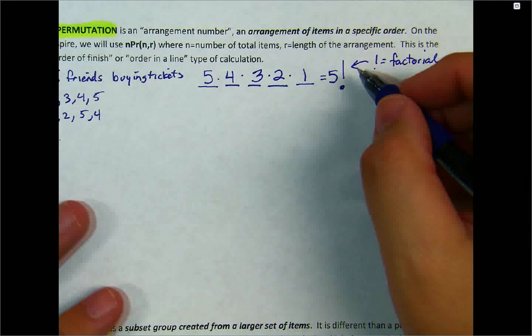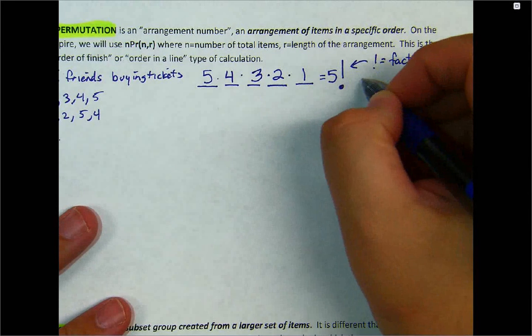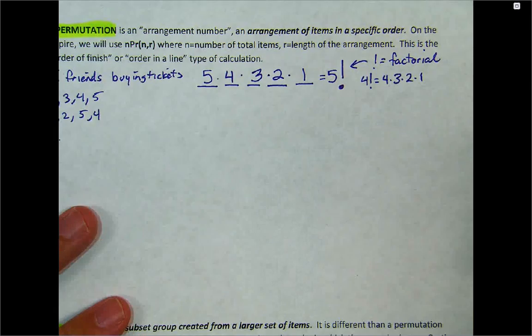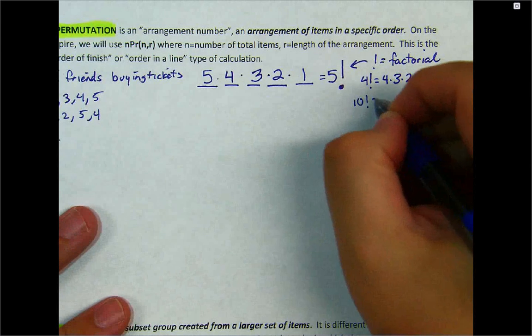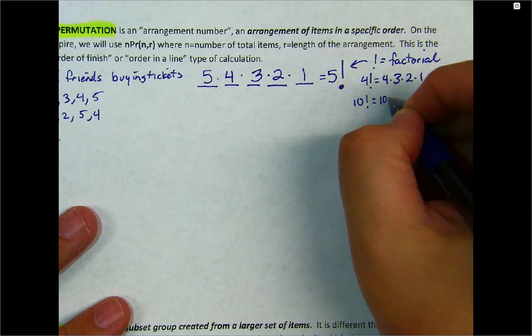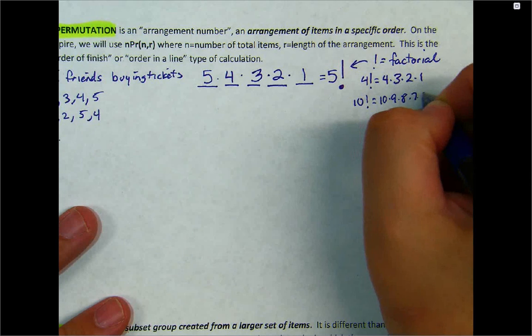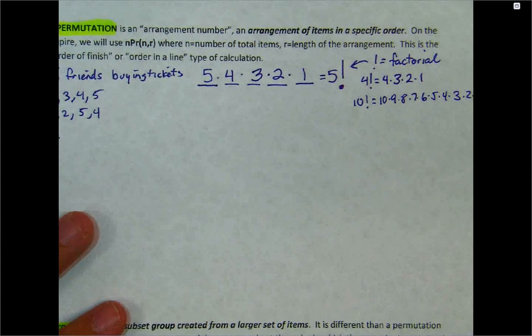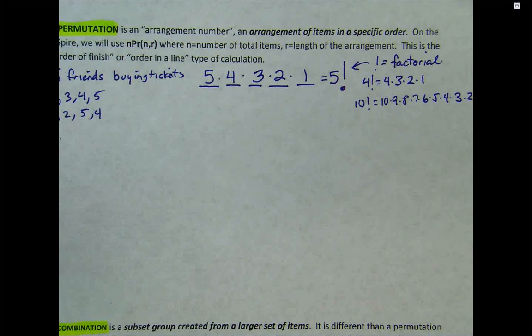If you have 4 factorial, it's 4 times 3 times 2 times 1. If you have 10 factorial, it's 10 times 9 times 8 times 7 times 6 times 5 times 4 times 3 times 2 times 1. Because the 1 is still part of the string. Even though it's trivial, it's still part of the string. You can't just throw it out just because you multiply it and it's 1.